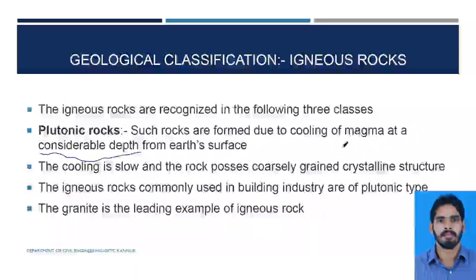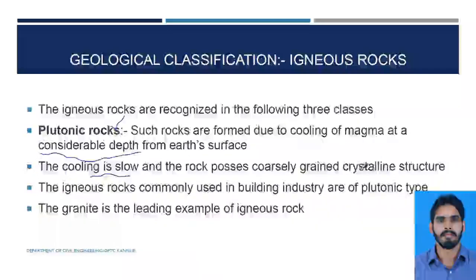Due to that cooling of magma, there will be some rocks formed at a considerable depth, which is known as Plutonic rock. Not at the Earth's surface, which is formed at the considerable depth or having a higher depth, a deep depth you can say. The cooling is slow. The cooling will be very slow. It may take some time.